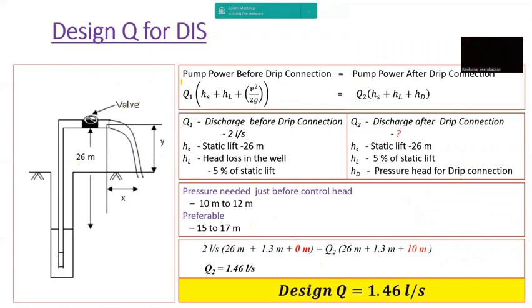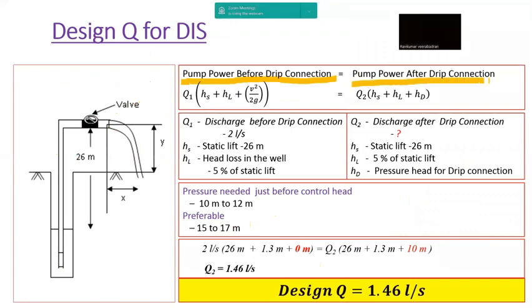For that, we make use of the equation that pump power before drip connection and pump power after drip connection are the same. Really, the output power of the pump before connection and after drip connection will be slightly different, but to get an approximate result, we assume that both are equal, and we make up an equation, and from that equation we find out the corrected discharge when the drip irrigation system is connected.